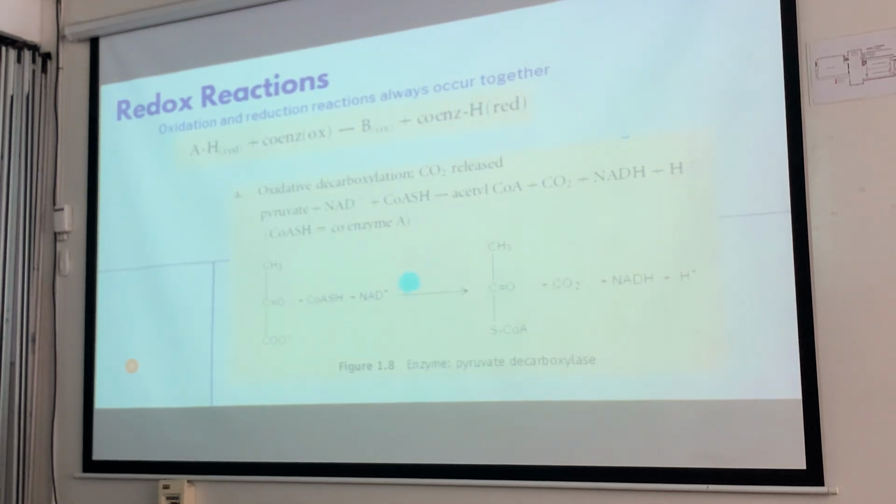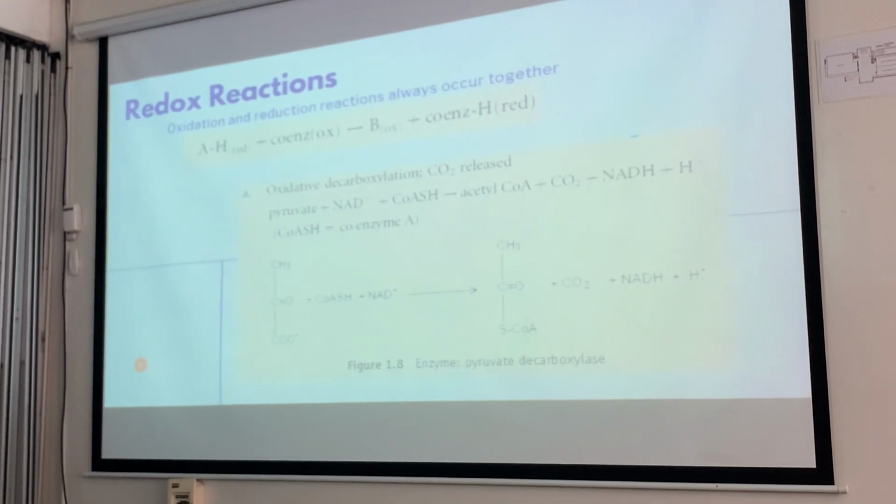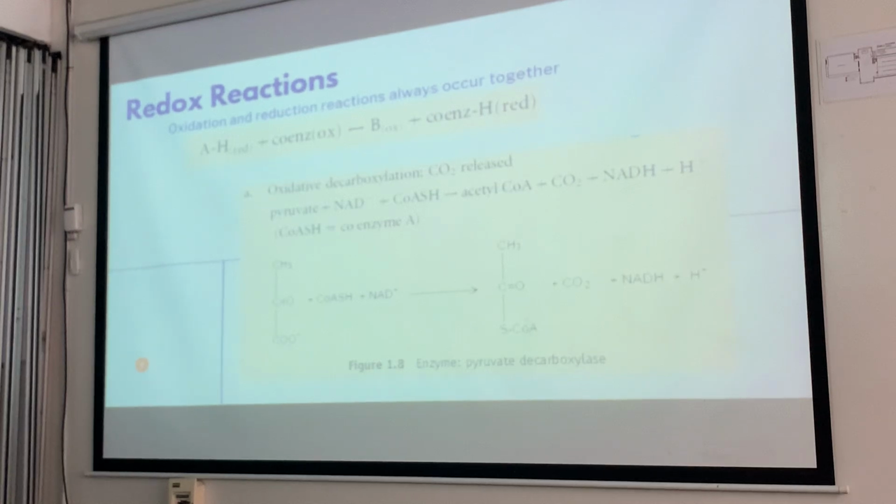The enzyme here is actually part of the pyruvate dehydrogenase complex, by the way. So pyruvate will be converted to become acetyl coenzyme A, this one here. And thus, it would link your glycolysis to your Krebs cycle, the tricarboxylic acid cycle.